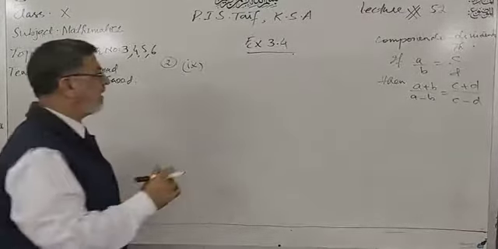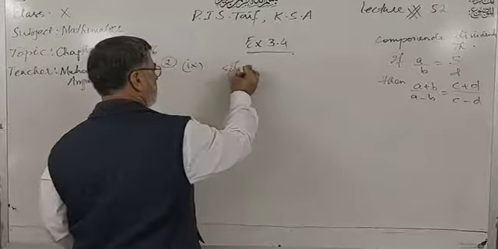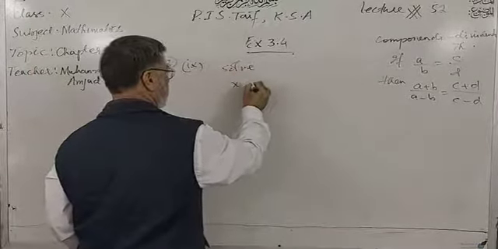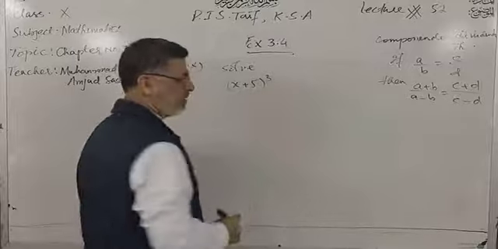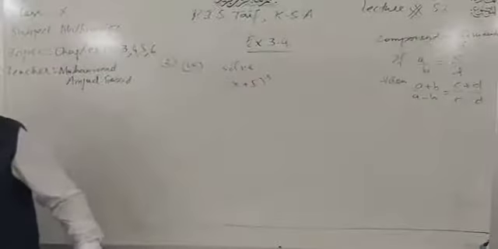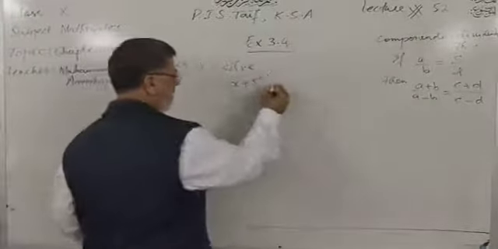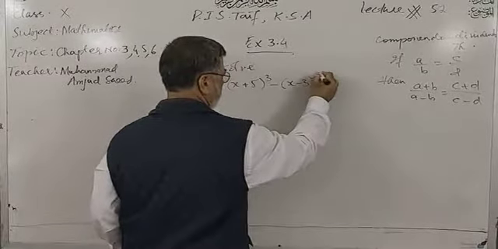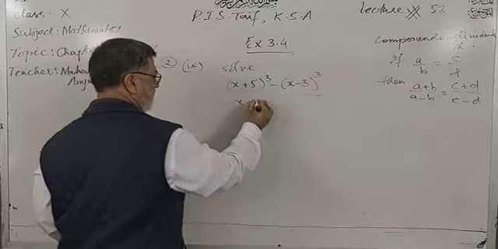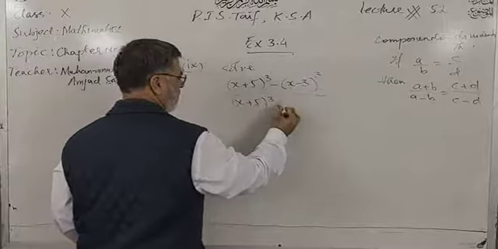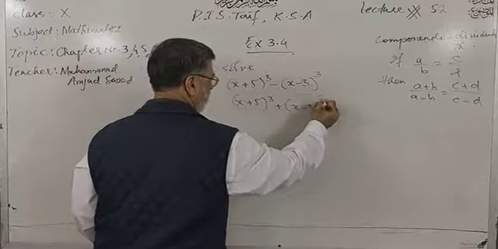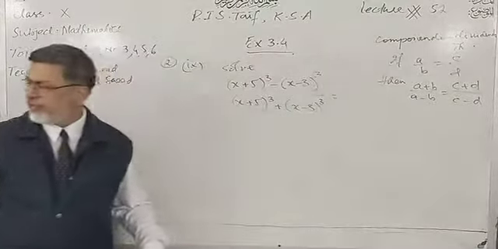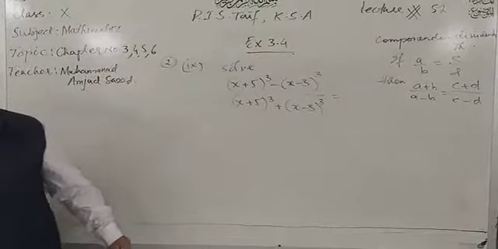Solve (x plus 5) whole cube minus (x minus 3) whole cube over (x plus 5) whole cube plus (x minus 3) whole cube, that will be equal to 13 over 14.